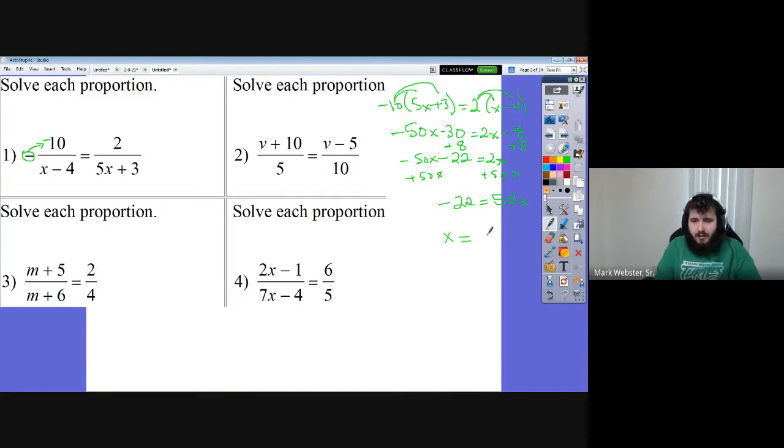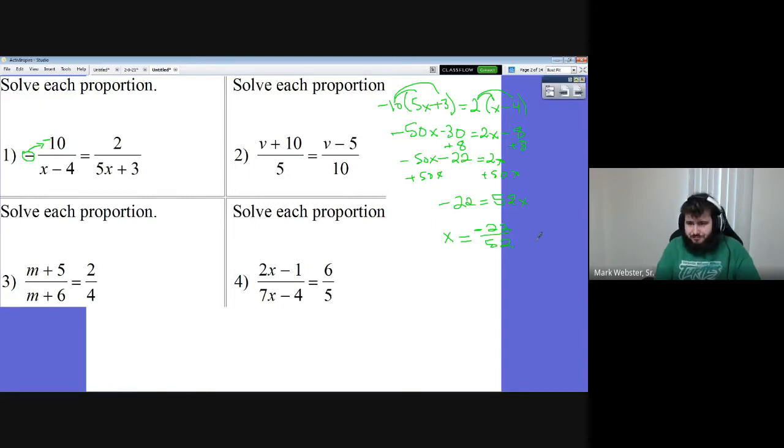You'll notice we're getting this really ugly looking decimal, right? Or ugly looking fraction. That's okay. And then we notice we can take a 2 out of the top and a 2 out of the bottom. So divide the top by 2, divide the bottom by 2. And that is in simplest form. And we're going to leave it right there for this one.